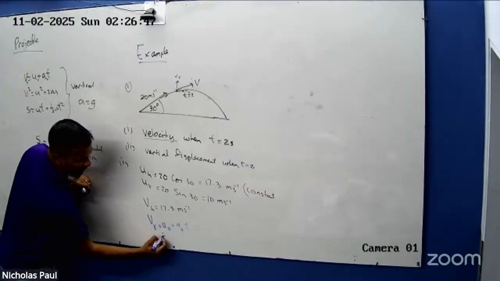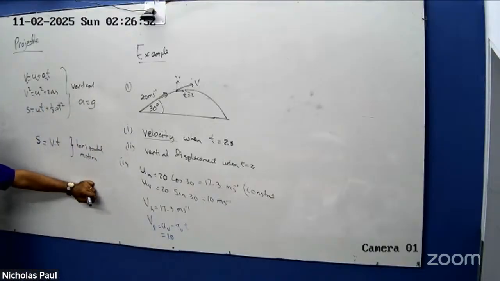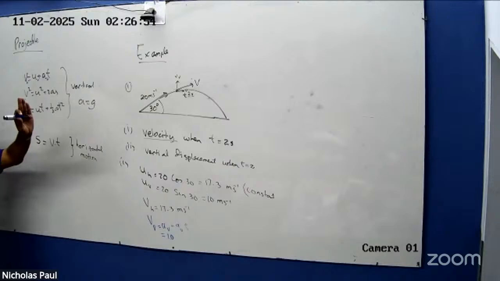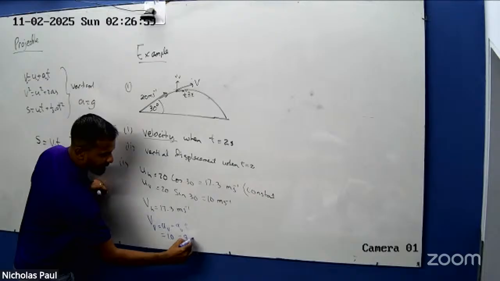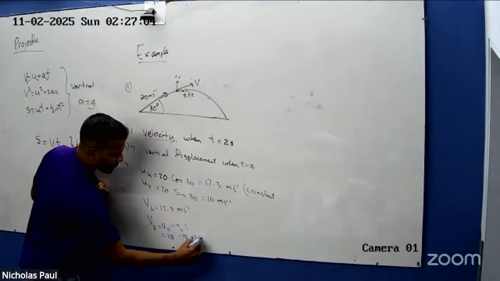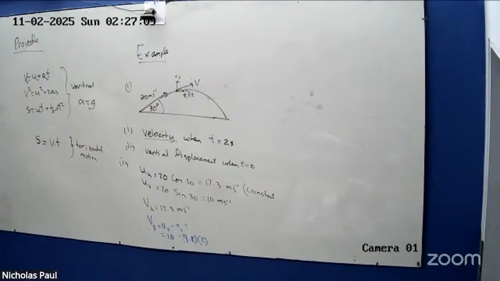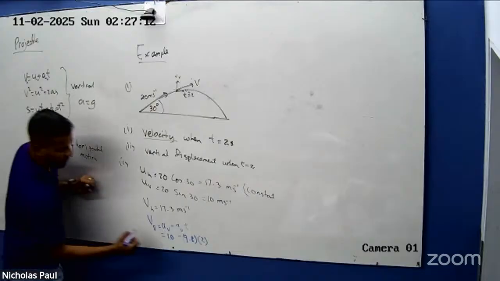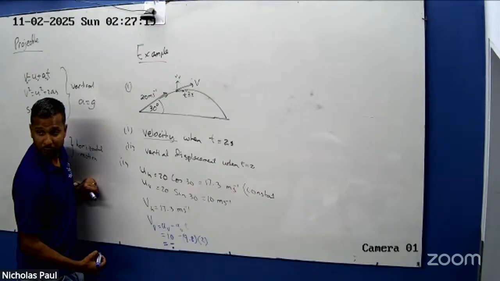So the initial vertical velocity, that's 10. What's the acceleration? Going upwards first, so it will be minus 9.8, and time is 2. How much is that? Minus 9.6.